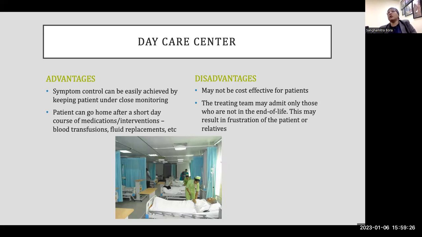For example, the hospitals may be pro-palliative, but many hospital managements would not want patients who are at the end of life to be admitted in their centers, unless the patient dies and the death register increases in number for that particular hospital. So these are certain taboos that are actually with the daycare centers also.